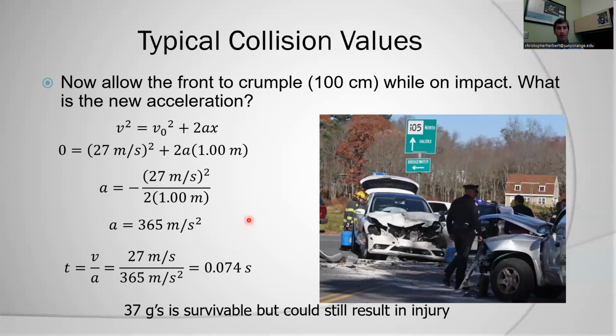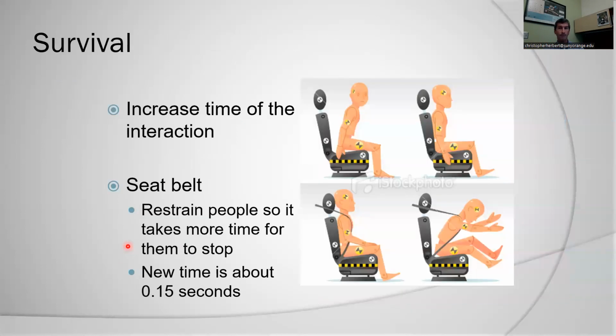So what was perhaps a not survivable impact now becomes survivable if we increase the distance over which the interaction takes place by fivefold. We know that the acceleration is going to decrease by a factor of 5, and that becomes more survivable.